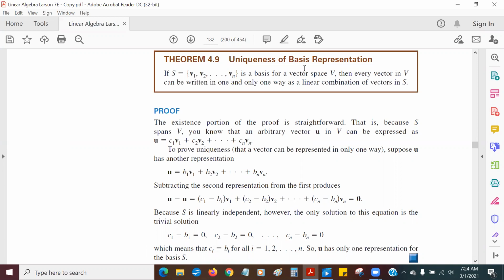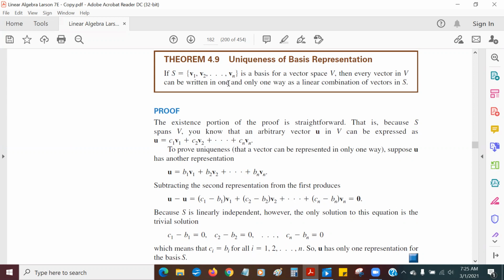In fact, we'll see there can be an infinite number of different bases for a vector space. I'm talking about R2, R3, all these have infinitely many different bases. So we're not saying that there's only one basis.